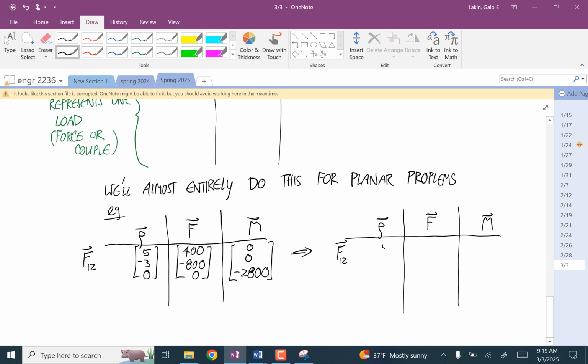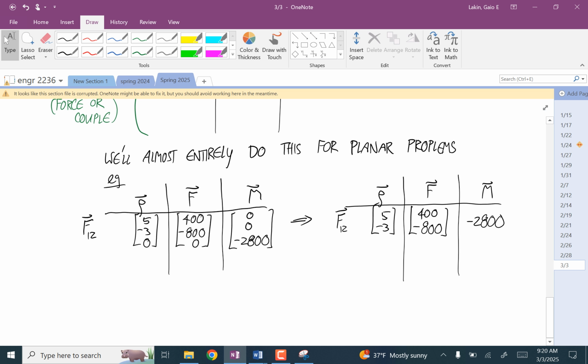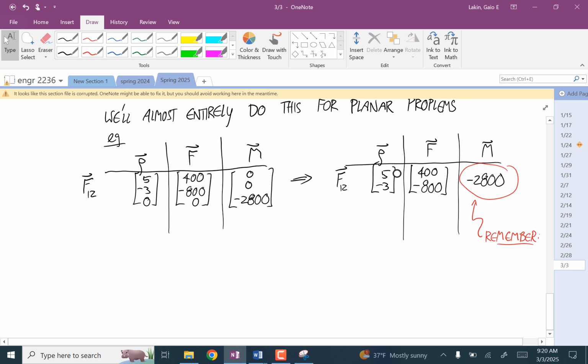Just write the rho vector as 5, -3. It's in the plane, so z is always going to be 0. The force vector is 400, -800. If you take that cross product, you get -2800. The thing is, just remember that's not really a scalar. It's not really just a number. That's a z component of a vector.